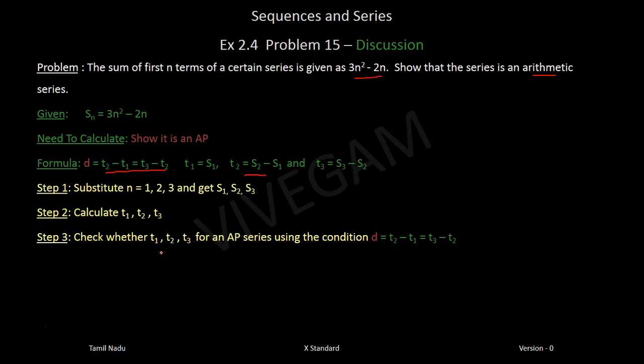Now check whether t1, t2, t3 form an AP using t2 minus t1 equal to t3 minus t2. If they are equal, then it is an arithmetic progression with d as the common difference. If you have understood it, please stop the video here and try to work this problem on your own and come back and check your working. If not, please look at the solution now.